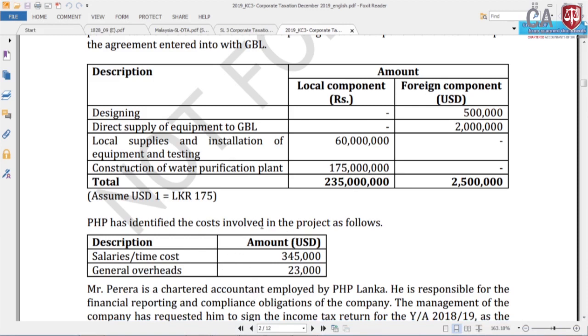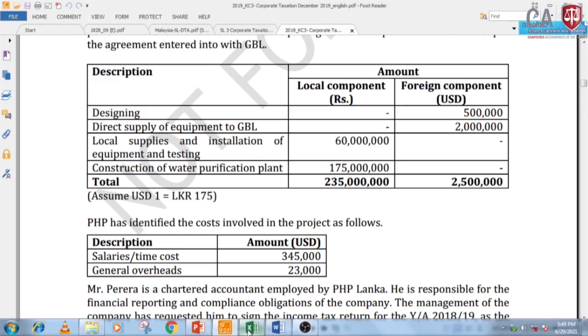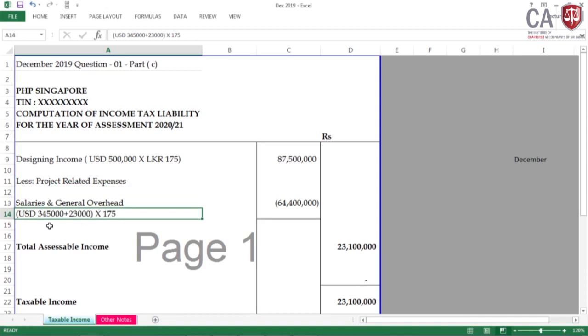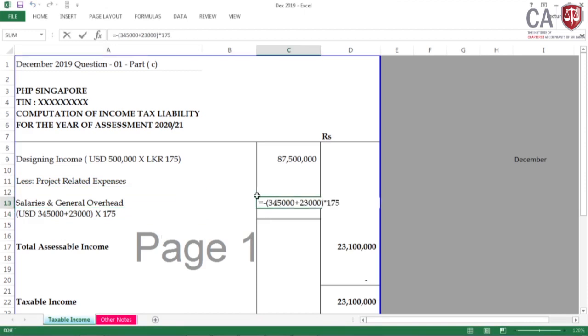These are in US dollars, so we have to multiply those by 175. Then salaries and general overhead, US dollar 345,000 plus US dollar 23,000 at 175. Then this is the LKR value.